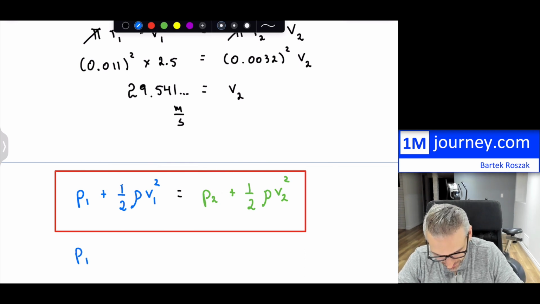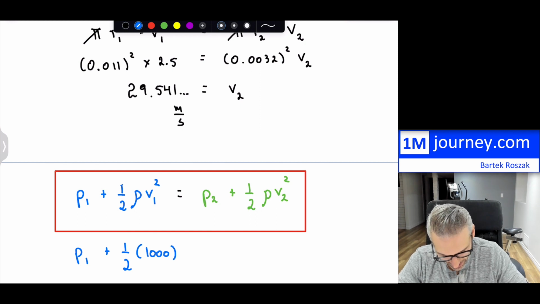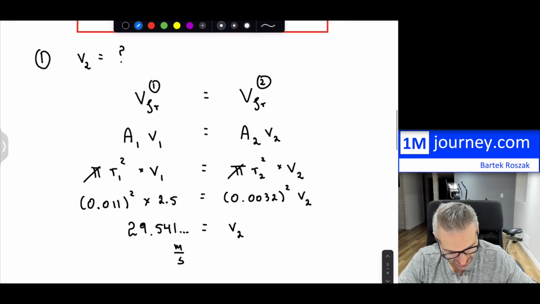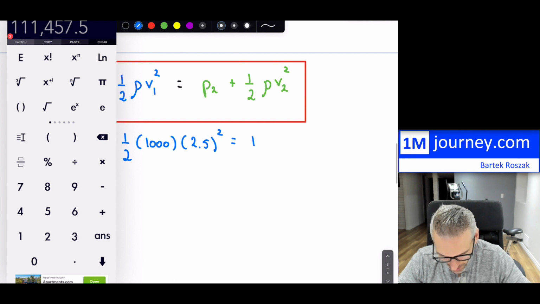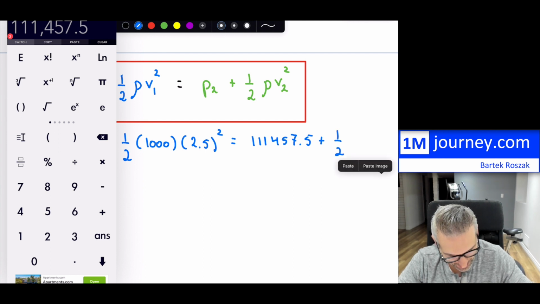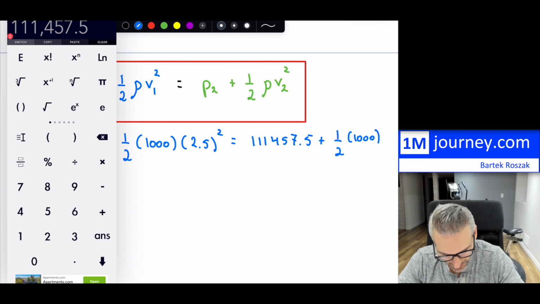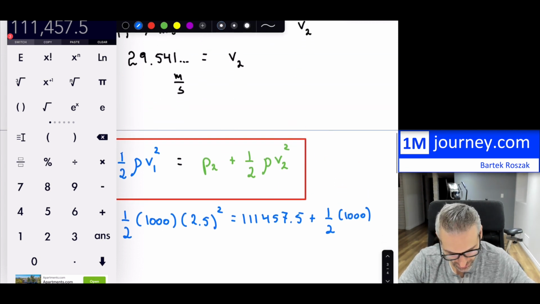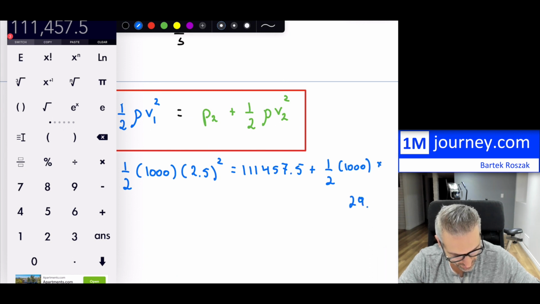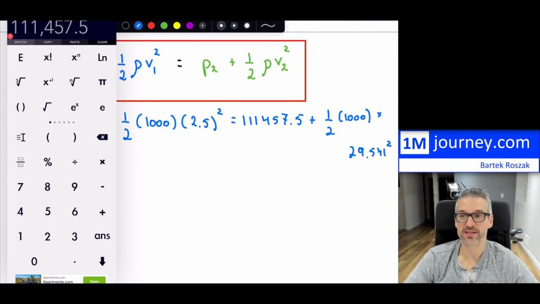So we're trying to find P1 plus 1/2 the density, which is 1,000 for water, times the speed, 2.5 squared, equals the pressure P2, which is 111,457.5, plus 1/2 density times 1,000, multiplied by 29.541, etc., squared. Now, as you can see, all I have missing is that P1.